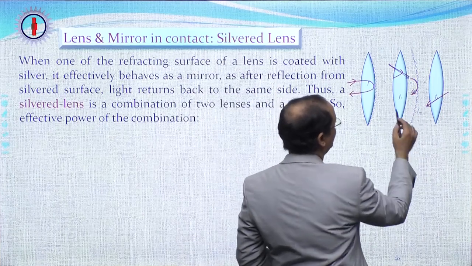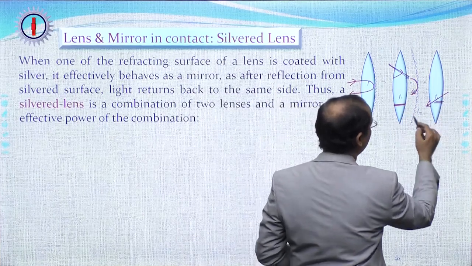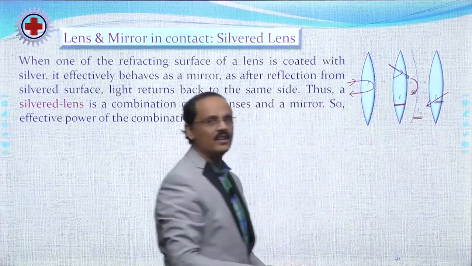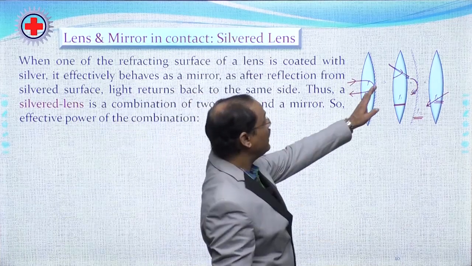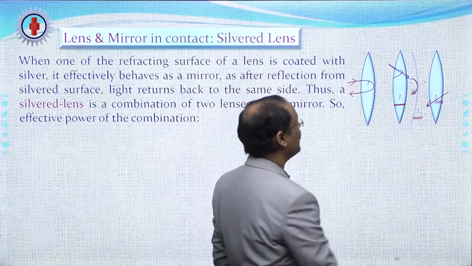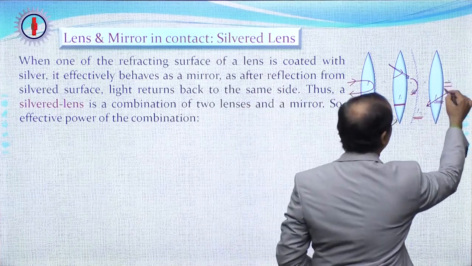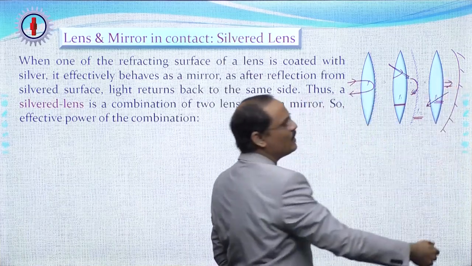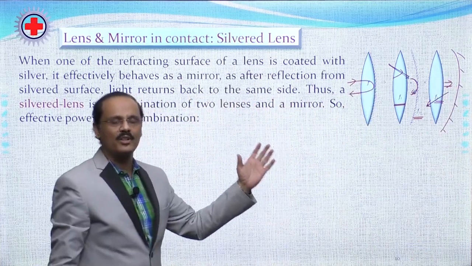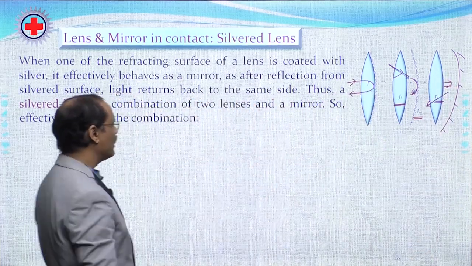So, it is a combination of two lenses and one mirror, because each one is causing deviation in the path of light, and as light is coming out in the same direction, the effective behavior of this combination is like a mirror. Now, what type of mirror will it be? That will depend upon the focal length, that we will get to later on.